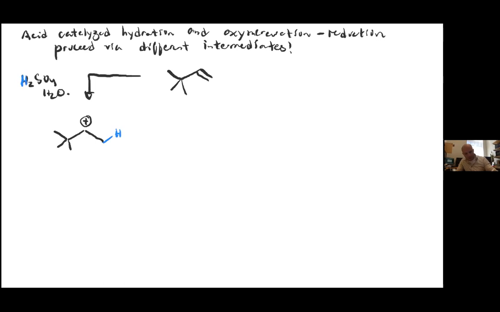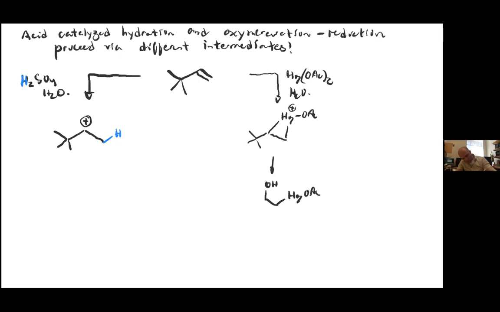If I treat this alkene with mercury 2 and water, I form a mercurinium ion, and water is going to attack this one to form that organomercury intermediate.